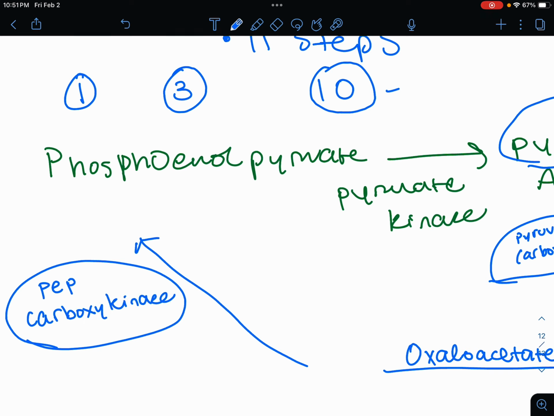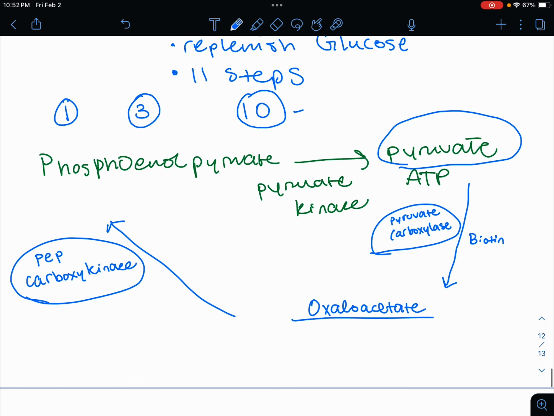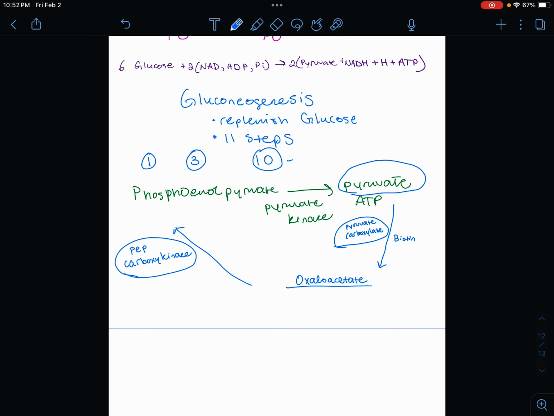So again, a kinase transferring a phospho group, and when we use this enzyme, we do get to our phosphoenolpyruvate. So after those steps, where we took pyruvate, used pyruvate carboxylase to get to oxaloacetate, and then PEP carboxykinase as the enzyme that gets us to phosphoenolpyruvate.